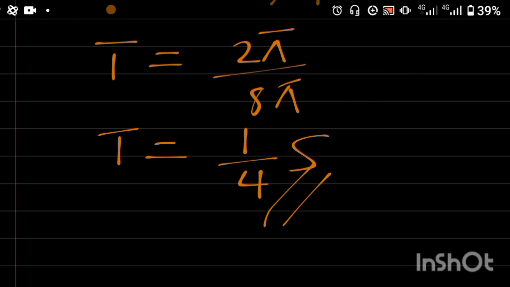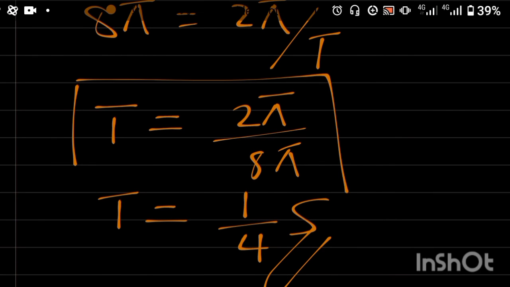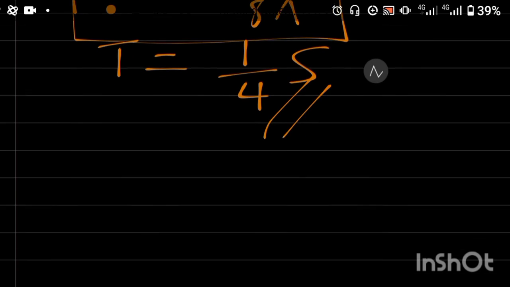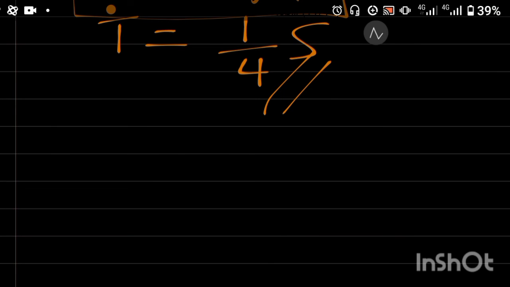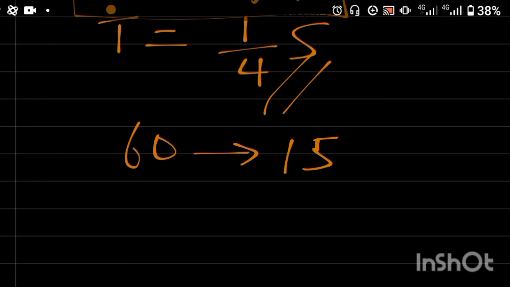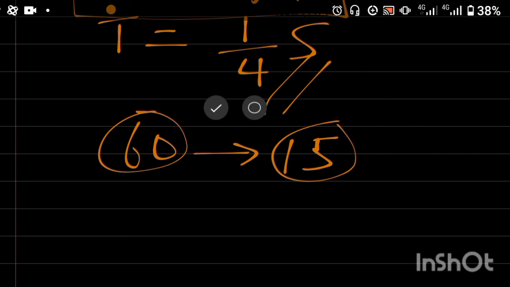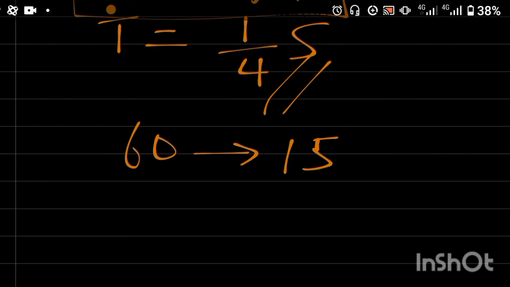Another way through which you can calculate the value of T without using this formula is for you to use relation. From the question, we have that 60 complete revolutions in 15 seconds. What will be the time it will take this same object to complete one revolution?